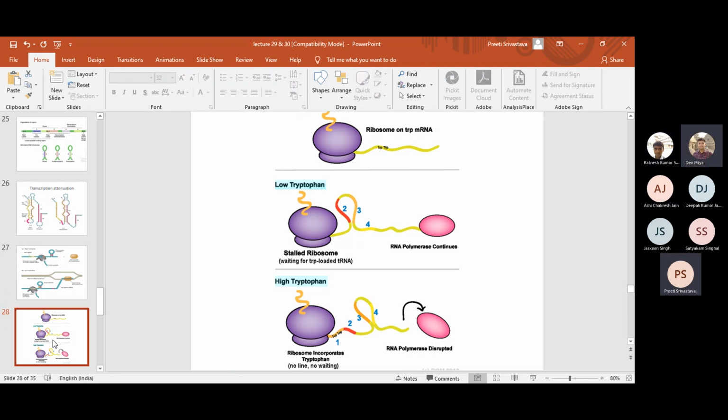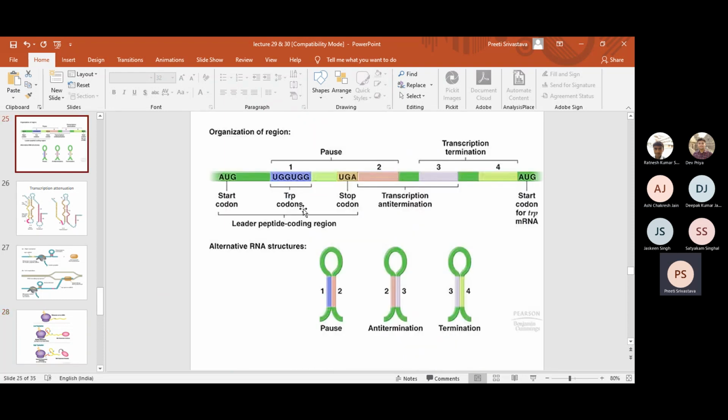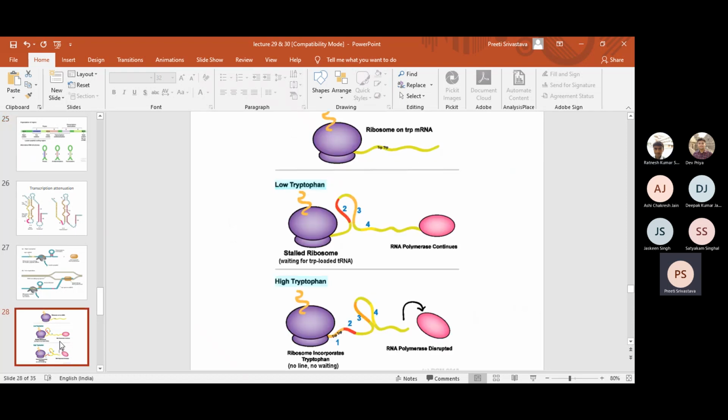On the other hand, class, when you have low tryptophan, then the UGG, the tryptophan codons, are there. So when you have low tryptophan, the tRNA which is loaded with tryptophan will be less in amount. So what will happen is the ribosome will stall because it will wait for the tryptophan loaded tRNA.